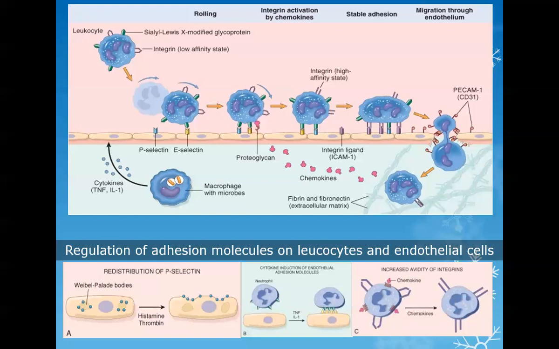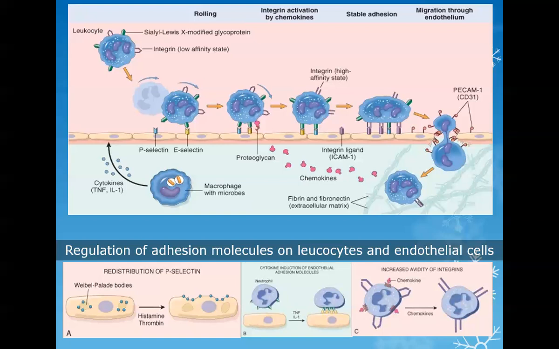Now, the histamine and thrombin are activating P-selectin, E-selectin. Now, how is this ICAM activated? It is activated by tumor necrosis factor and interleukin 1. Now, interleukin 1 and tumor necrosis factor act on endothelial cells and activate the ligand for integrin, which is ICAM.